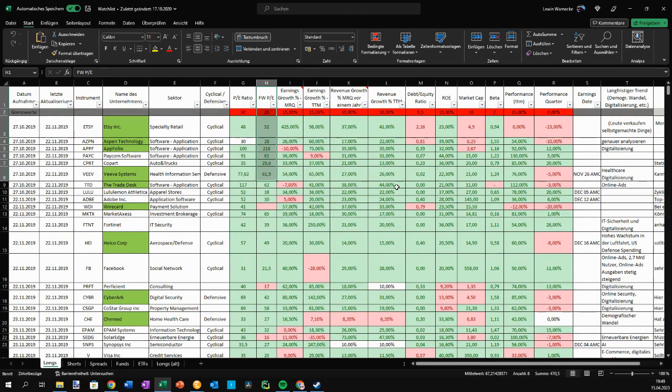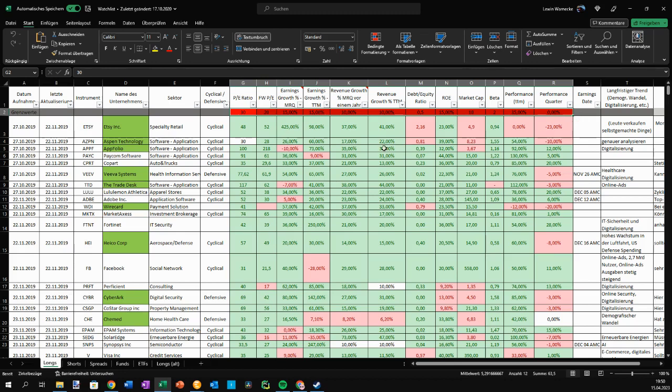As you can see here, this is the criteria the stock should meet, but you can see with nearly every stock there's some field that is not completely green, and this is completely normal. It's very unusual that a stock has all criteria met.